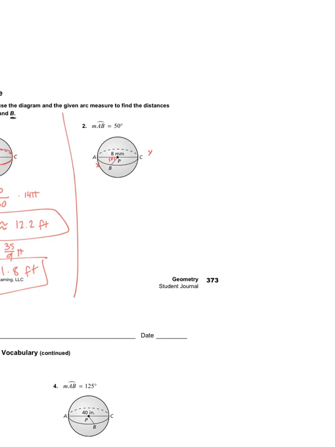So I'm going to do the same thing again. I know that it's going to be x over my total circumference, which is going to be 8 pi, equals 50 over 360 degrees. So once again, I'm just going to multiply both sides by 8 pi.